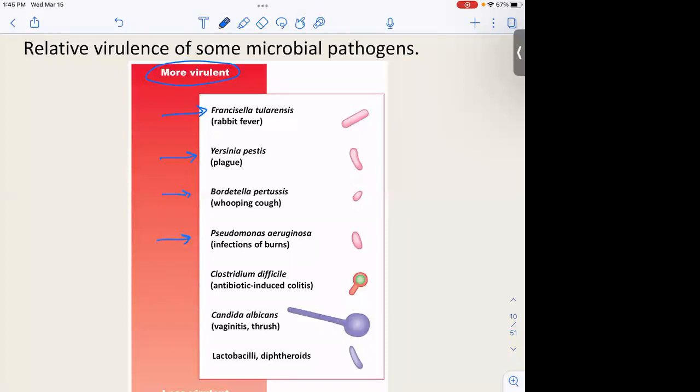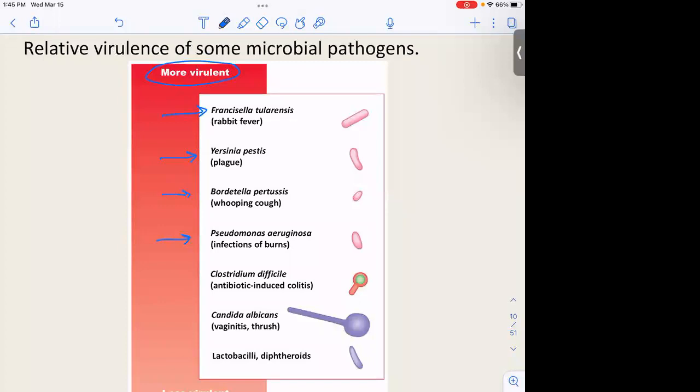You could kind of think of virulence as being contagious. Not in every case. It just means if you're exposed to it, and that may or may not be from another person, how likely you are to get the infection. So like anthrax, for example, is in the soil, and that's where its reservoir is.